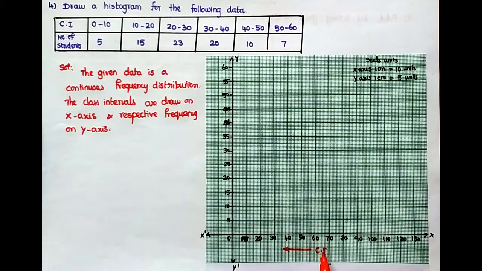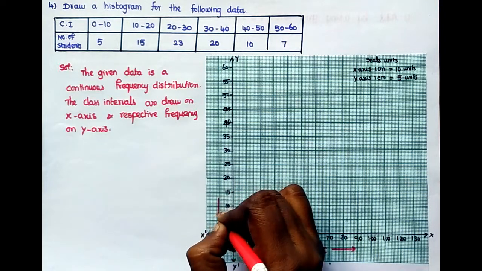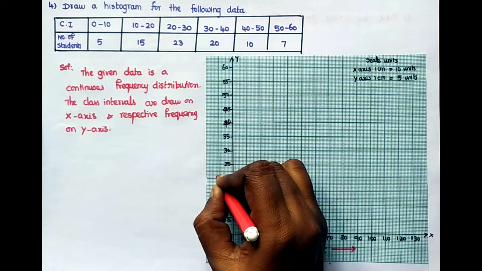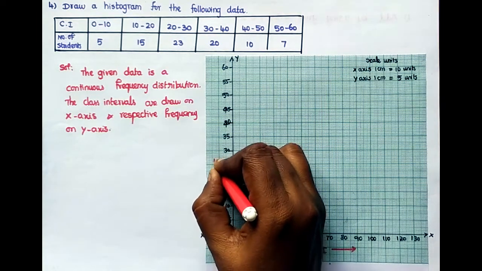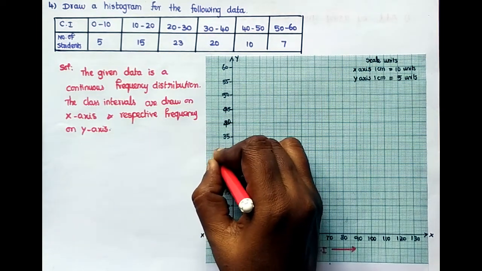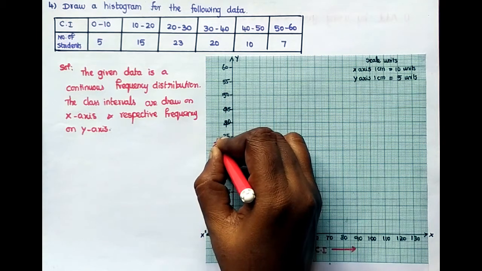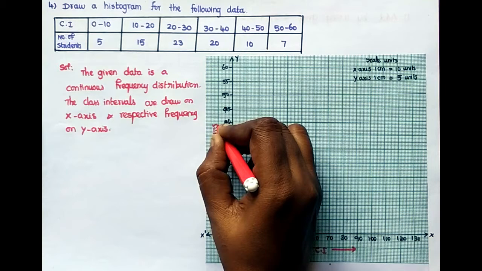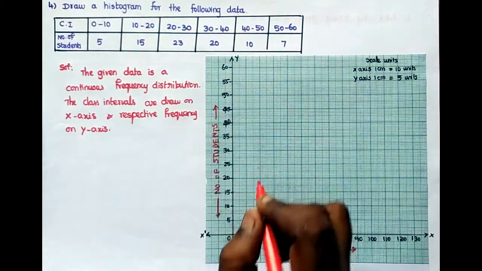So write down now here, class interval, and this one is the number of students. That is the y-axis.